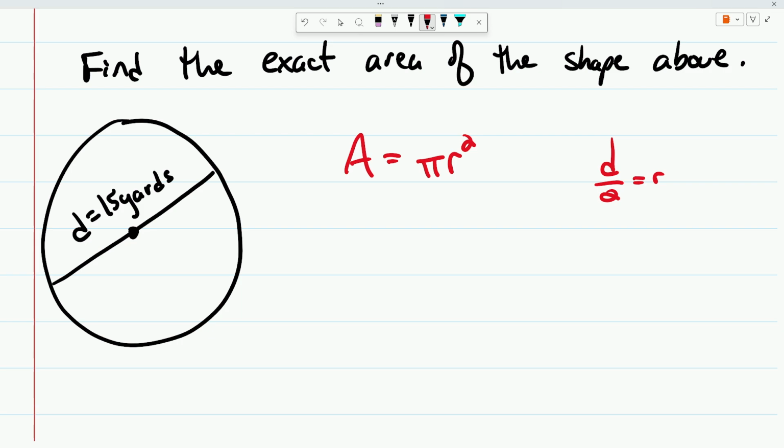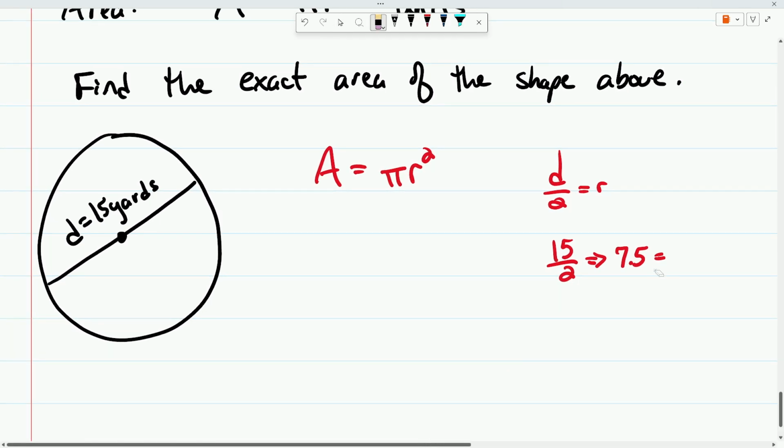Because remember, the formula is pi r squared, and I gave you the diameter. So 15 divided by 2 is 7.5, which is our radius.